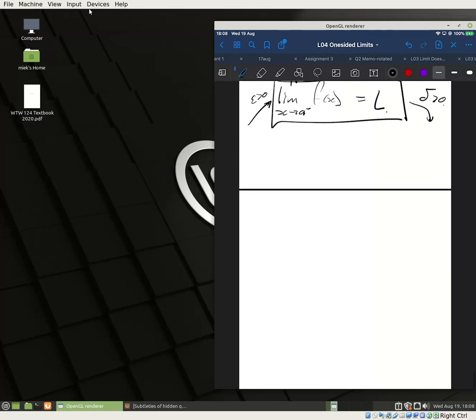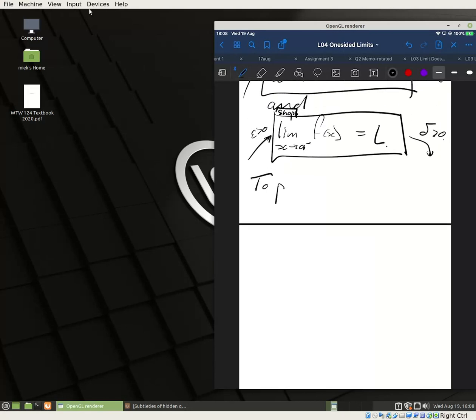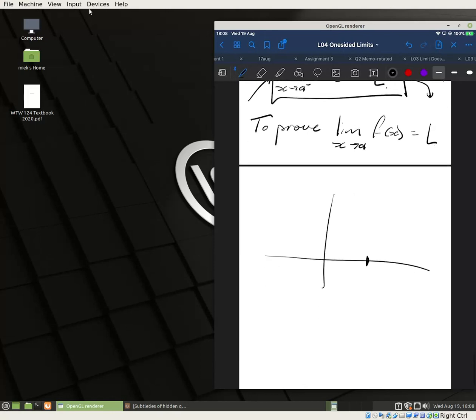Okay, and now what do we want to prove? We want to show that the limit as x tends to A of f of x is equal to L. So what are we assuming?